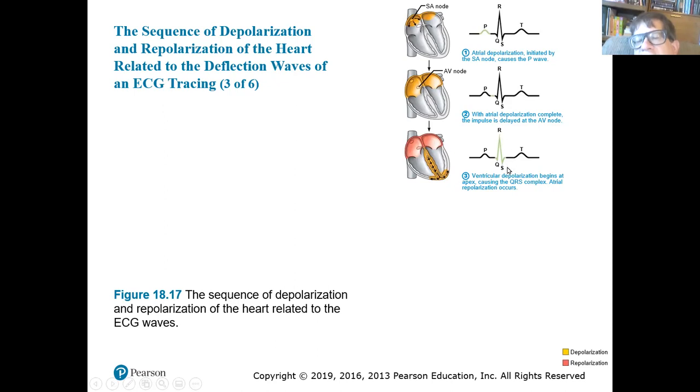And both of those things, the ventricles depolarizing and the atria repolarizing, those two opposite things in opposite ends of the heart, they're both hiding inside of this wave. They're both happening during that wave of electrical activity.